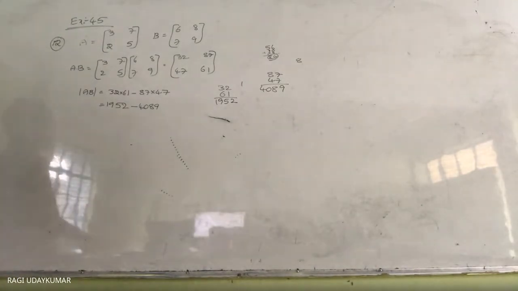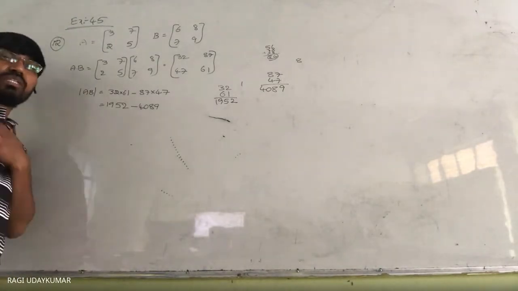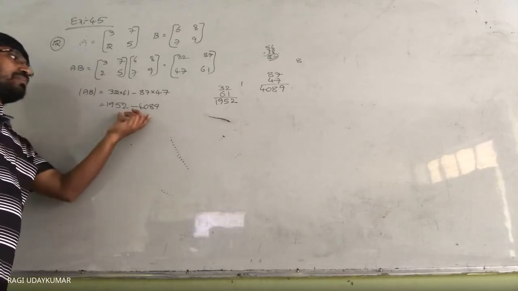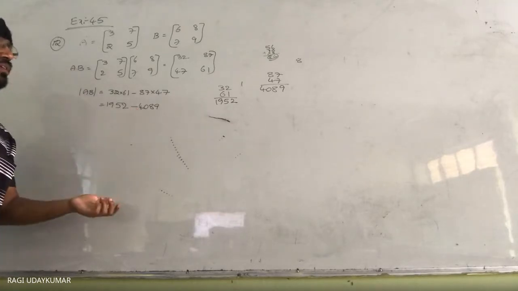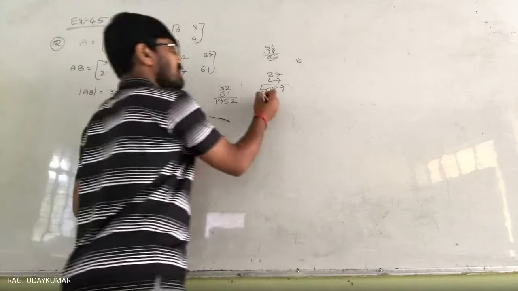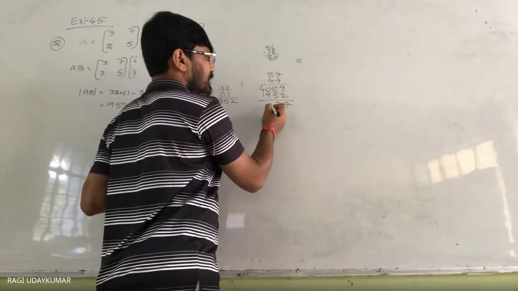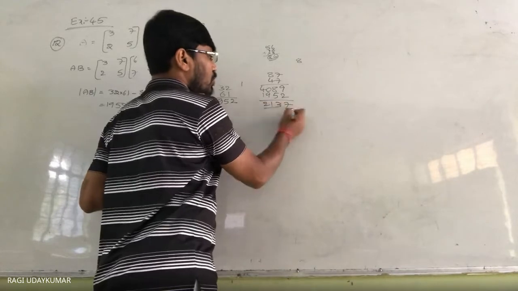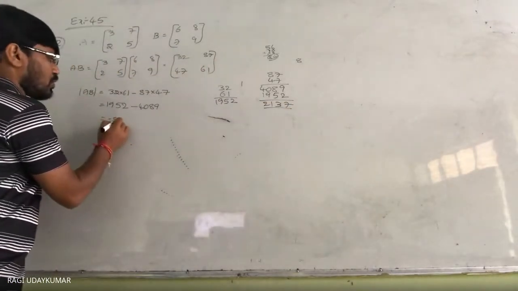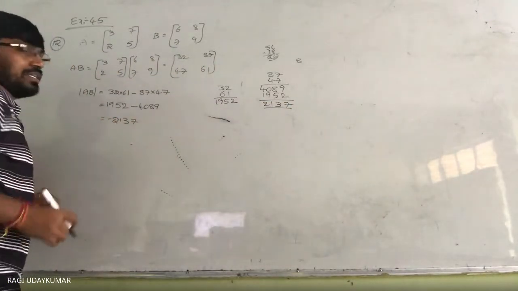This problem is in the same way you have to proceed. Just subtract these two. We get a negative number: 1952 should be subtracted from 4089, so 2000 minus 2137 we are going to get.